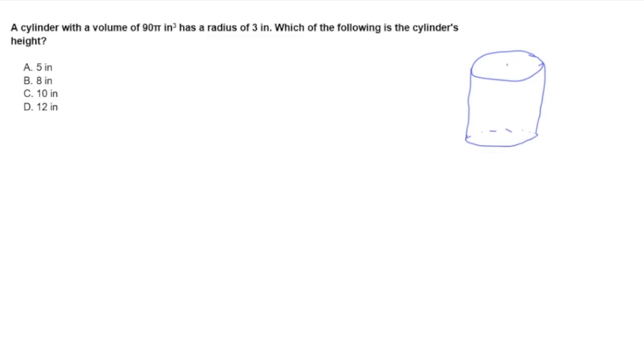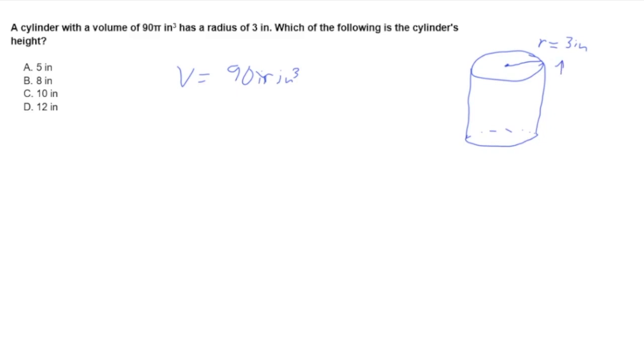And our radius, if we look at the circle, that's from the center out, we're given that it is equal to 3 inches. Our volume is equal to 90 pi inches cubed.